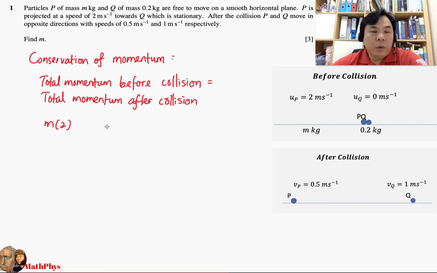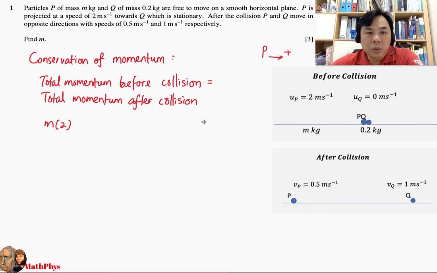Bear in mind, since momentum is a vector quantity, direction is critical. We always make a simple assumption: momentum to the right is positive, whereby momentum to the left is negative.